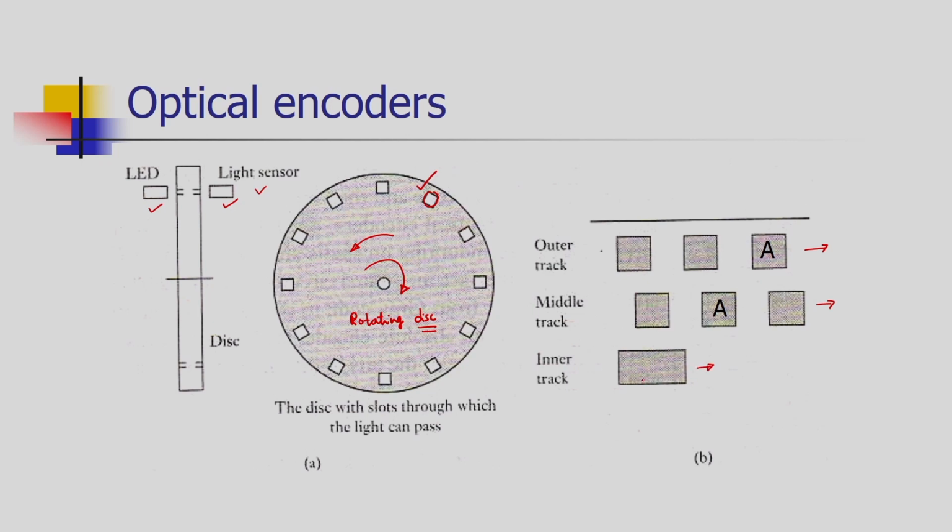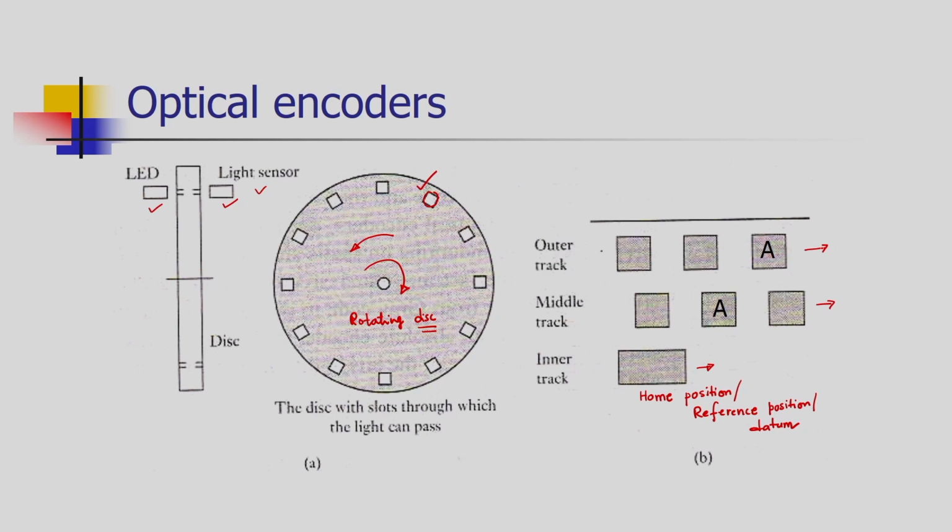Inner track has a hole, and that hole is used to decide the home position or reference position, or we can consider this as datum.